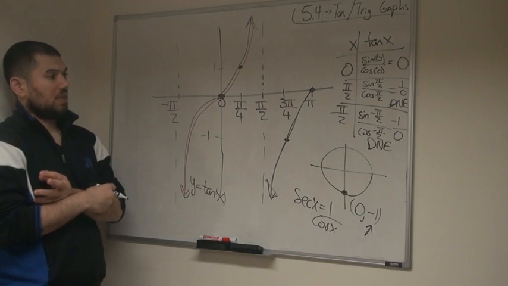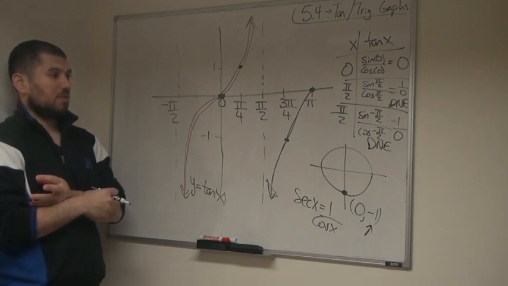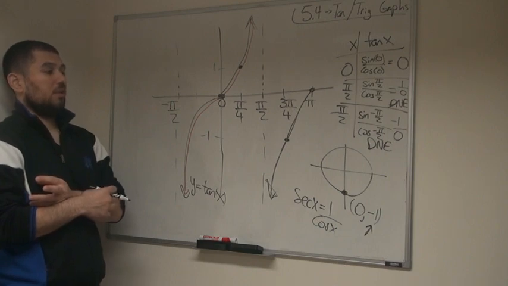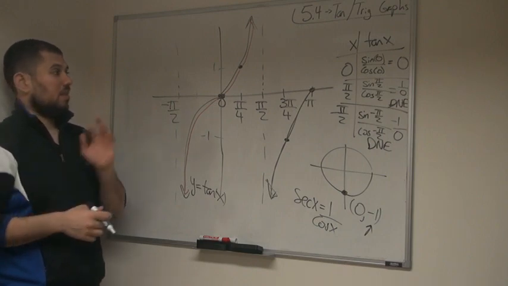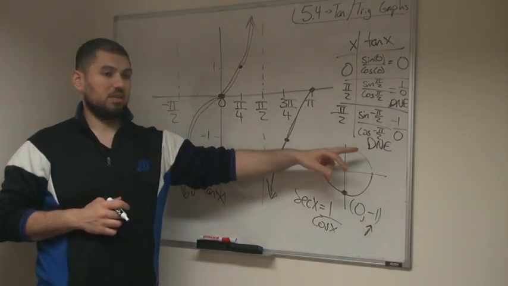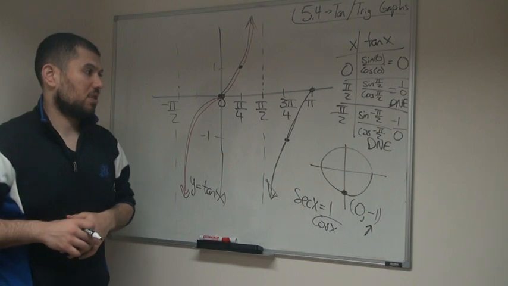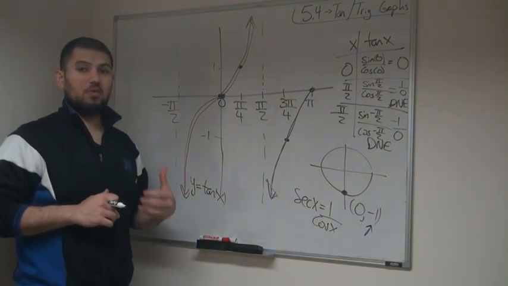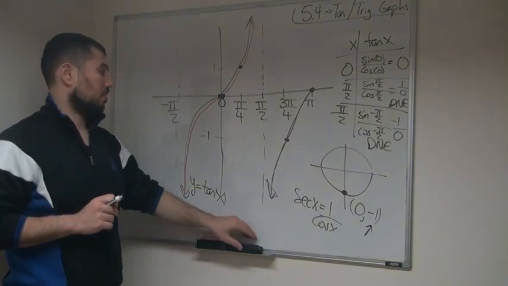But more likely than not, I hold my students responsible for the 3 basic graphs, sine, cosine, and tangent, with the full knowledge and understanding that the graph of tangent having a denominator that can be equal to 0, just like when we went over our rational functions, will help set you up to graph the other reciprocal functions.